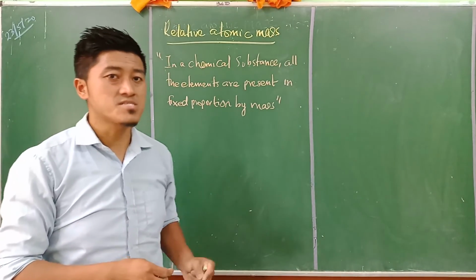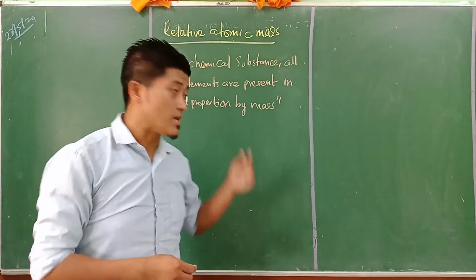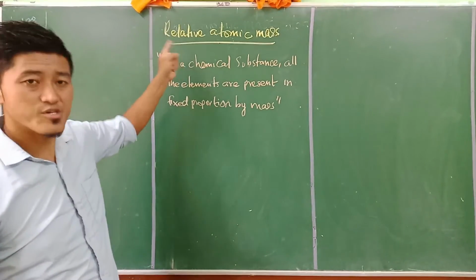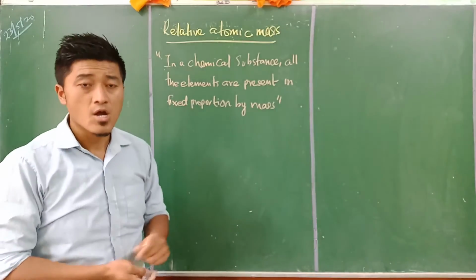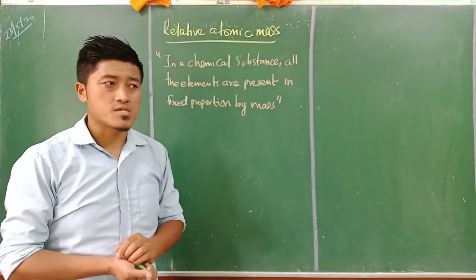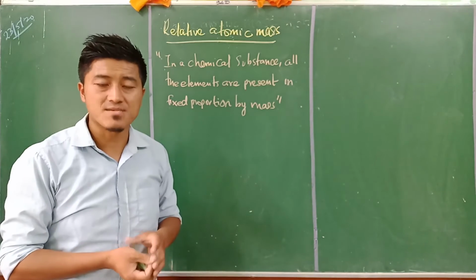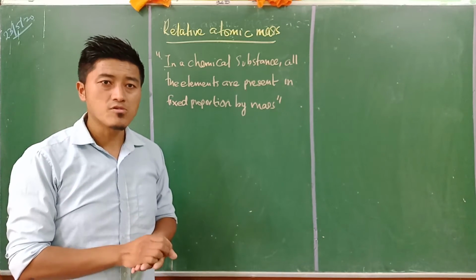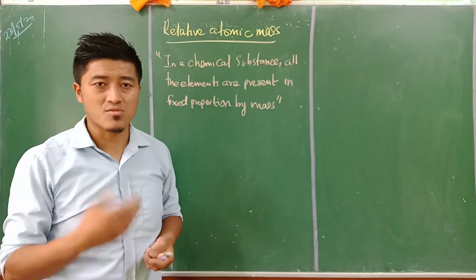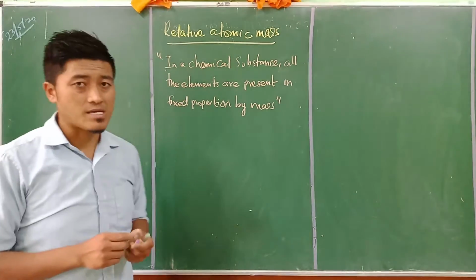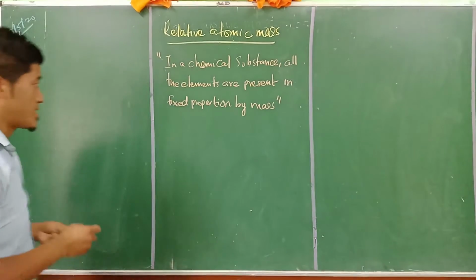This is what we call relative. Looking at this topic, when the scientists were trying to gain knowledge about the atom, they also wanted to know the masses of the atom. So let us talk about relative atomic mass.